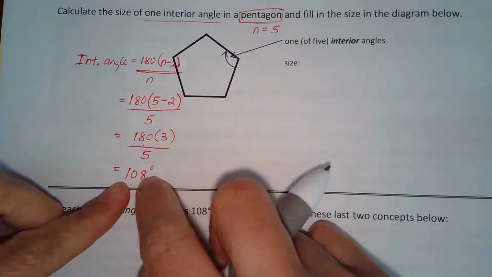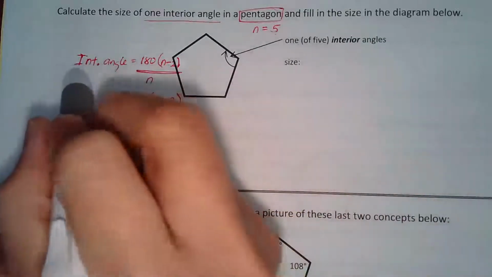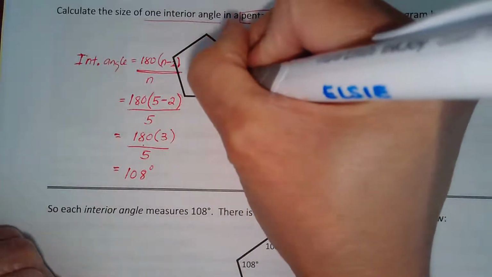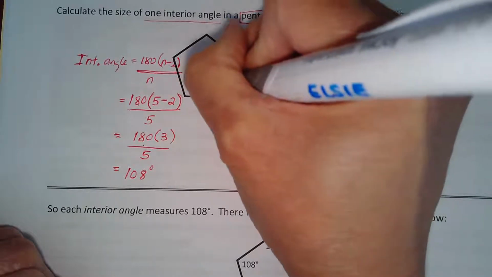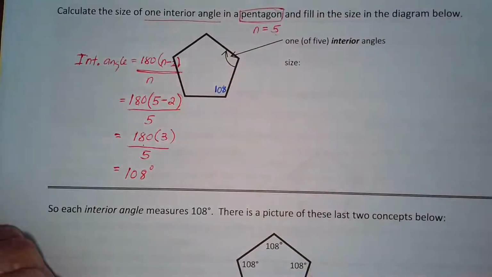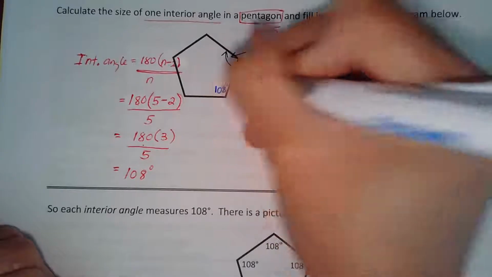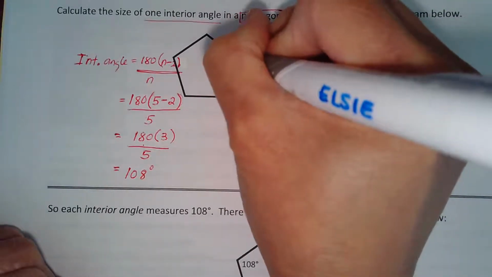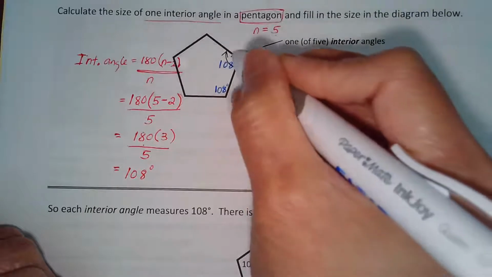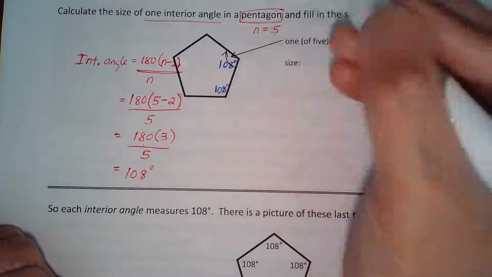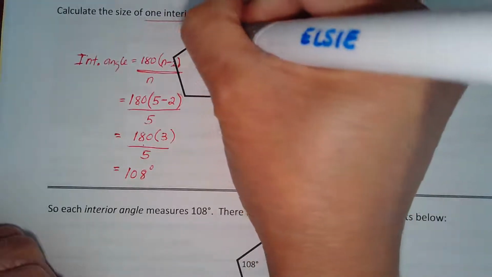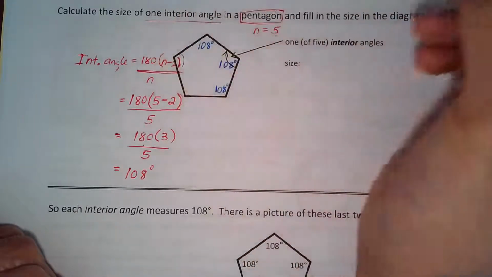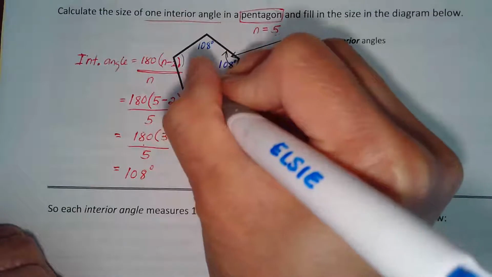So this is one interior angle, so that means this is going to be 108 degrees right there, of course. And this is 108 degrees, and this is interior because that's inside the shape. This part is going to be 108, and this part is going to be 108, and this part is going to be 108.